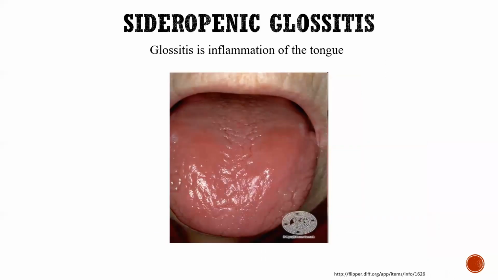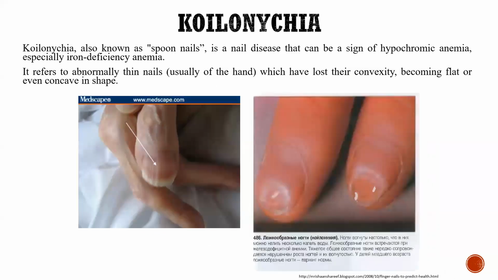Glossitis is inflammation of the tongue. Koilonychia, also known as spoon nails, is a nail disease and can be a sign of hypochromic anemia, especially iron deficiency anemia. It refers to abnormally thin nails which have lost their convexity, becoming flat and even concave in shape, as you can see in the pictures.